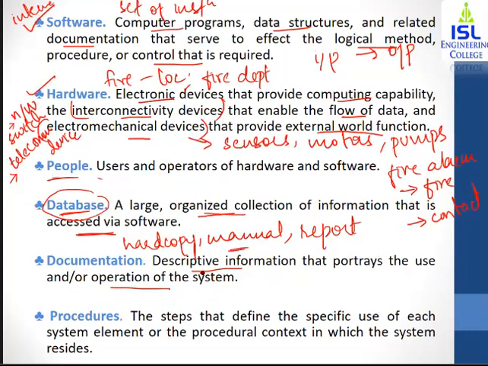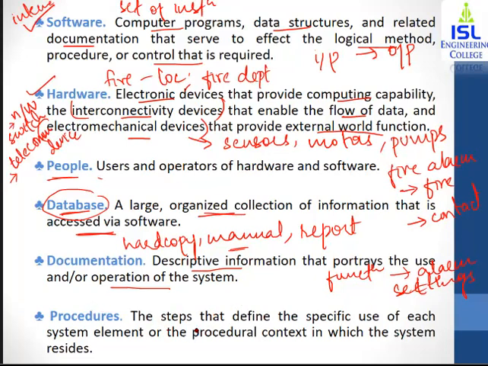This manual is going to describe in detail what functions this fire alarm system is going to provide, and what the different settings are within this fire alarm system. Everything is going to be documented. Each and every software that you purchase, you're going to get a manual along with it. That is the documentation.